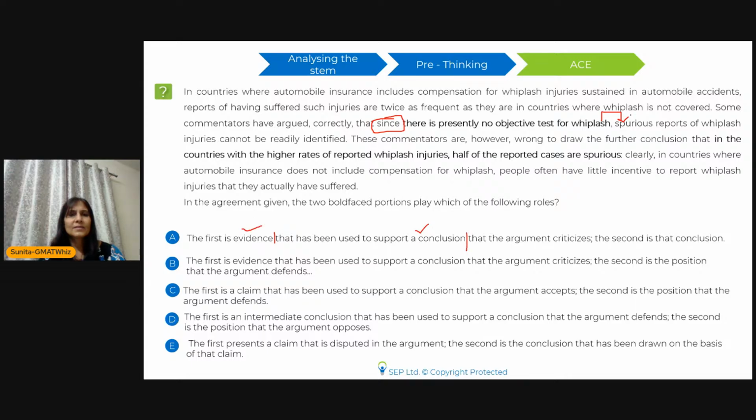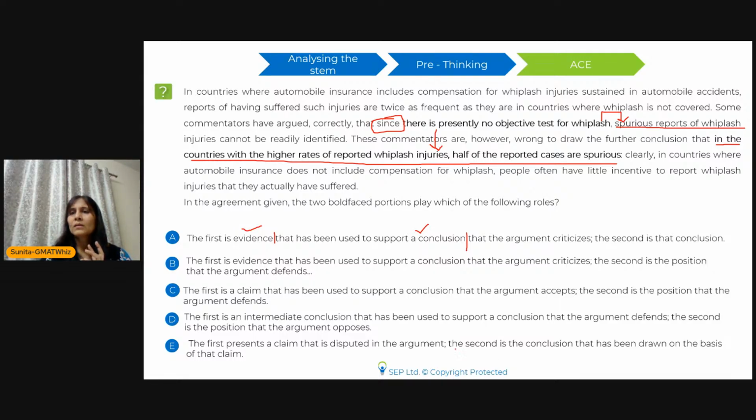That has been used for a conclusion? Yes. It has been used to supporting the commentators. First, there is no objective test for whiplash. That is why there is no way to identify the false reports. And that is why the commentators believe that half the reports are false. So the first bold face is supporting two conclusions actually.